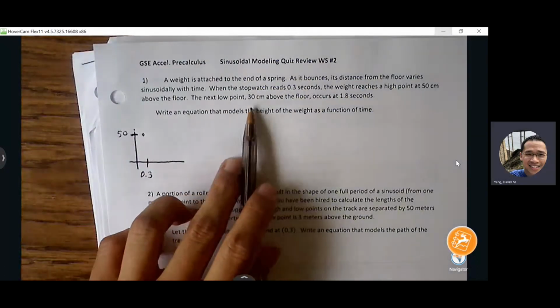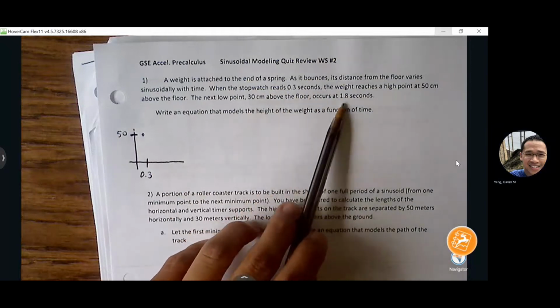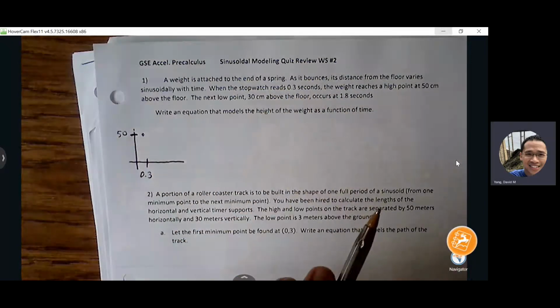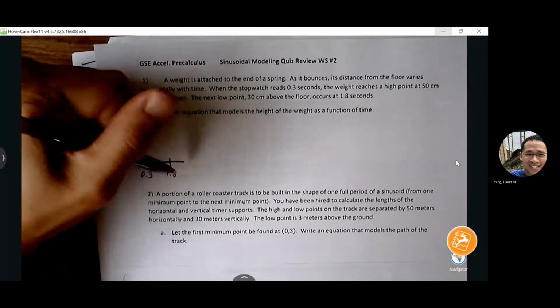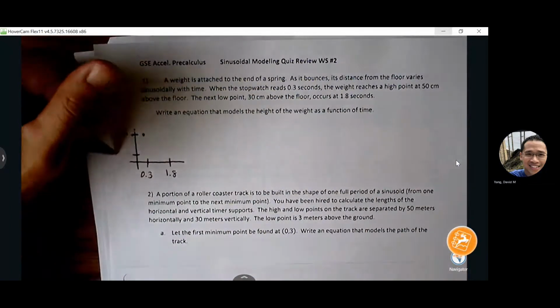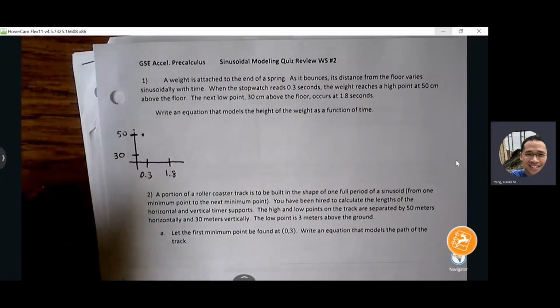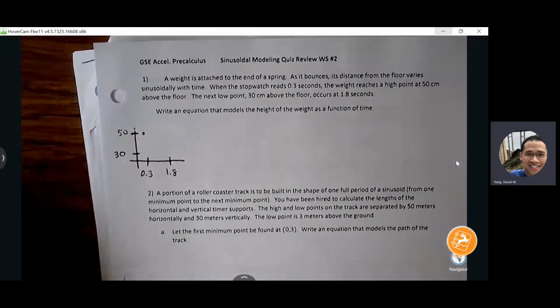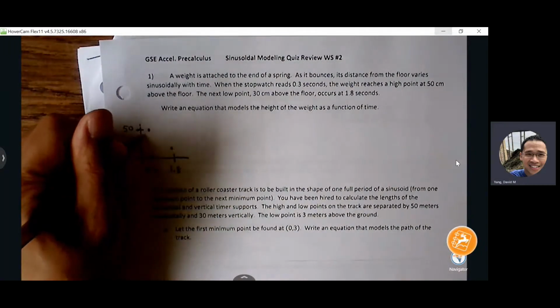And then at 1.8, I'll hit a low point, 30 centimeters. So I know my graph is going to look something, at least initially, like this.